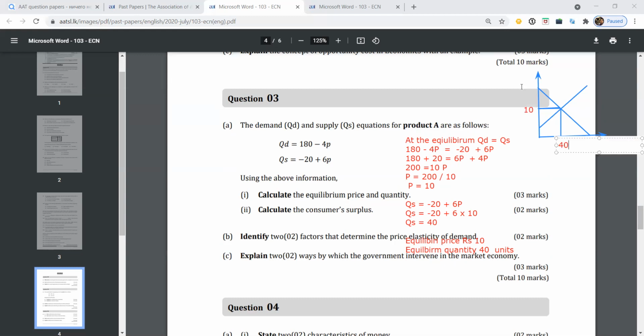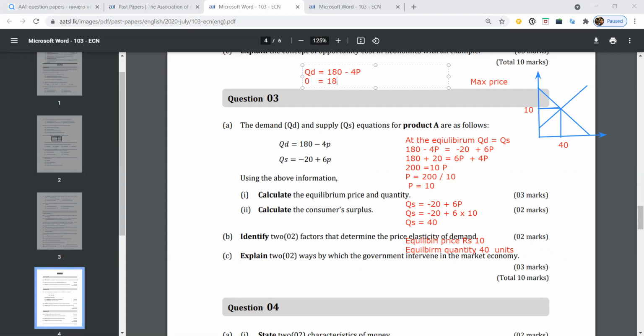We are supposed to calculate the maximum price over here. We can use the equation QD = 180 - 4p. At the maximum price, quantity demanded is 0.